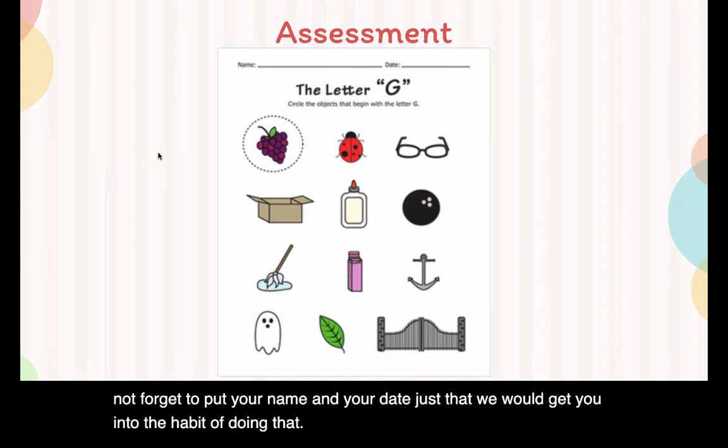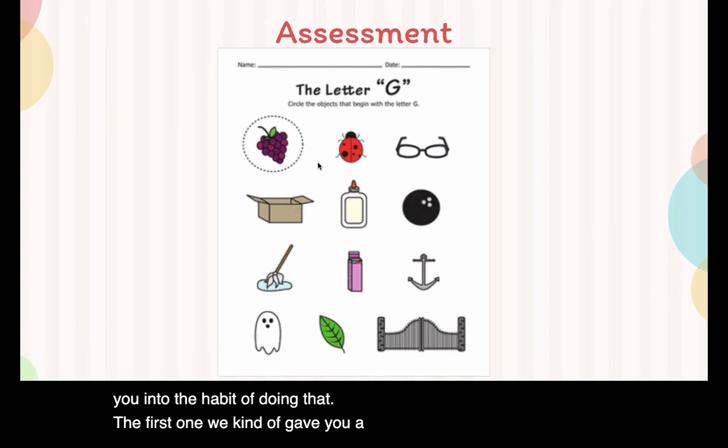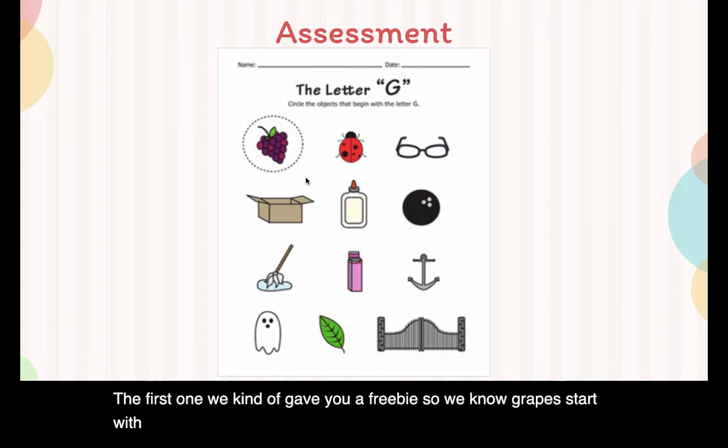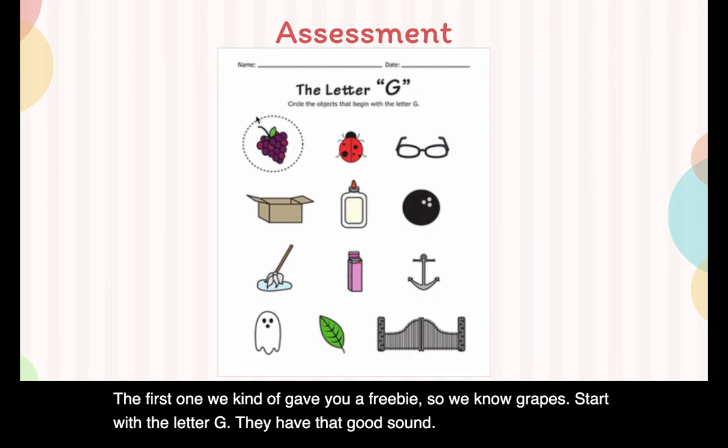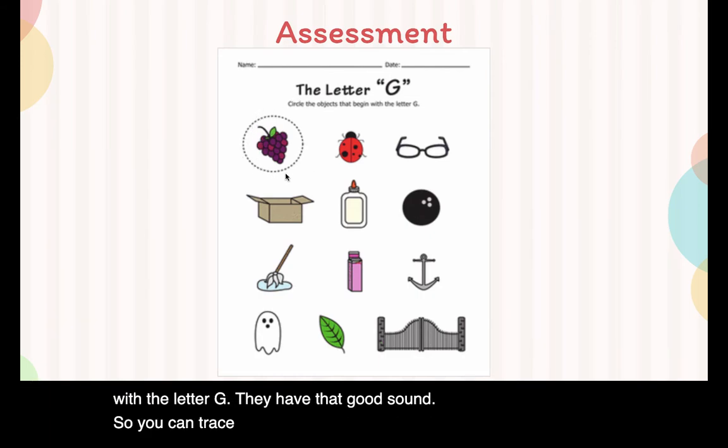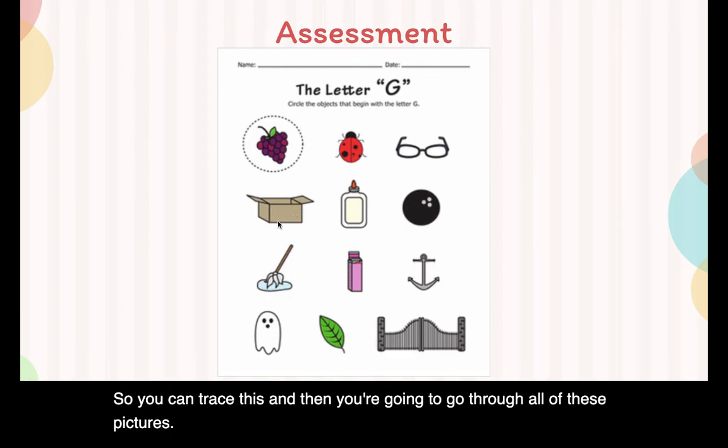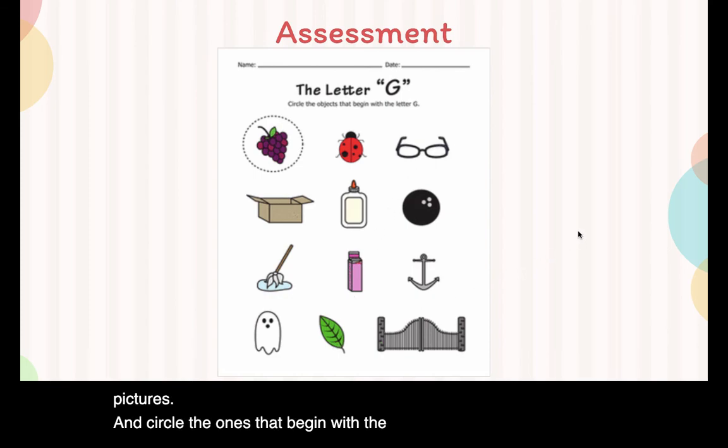The first one, we kind of gave you a freebie, so we know grapes start with the letter G. They have that G sound. So you can trace this, and then you're going to go through all of these pictures and circle the ones that begin with the letter G. They have the G sound.